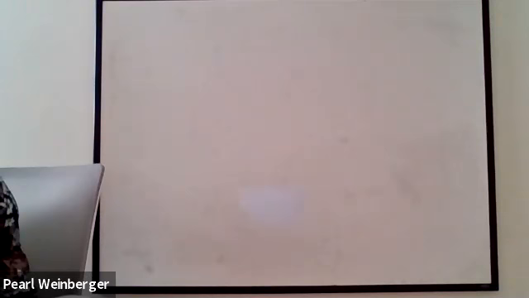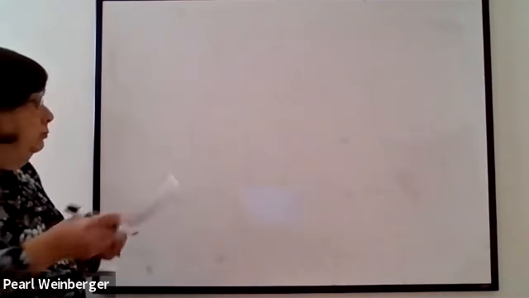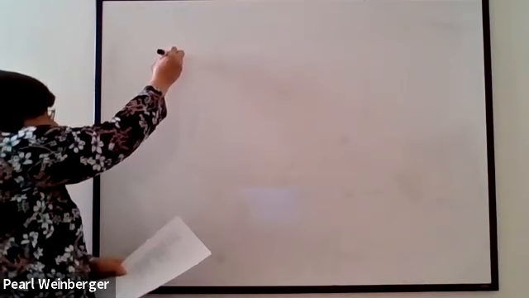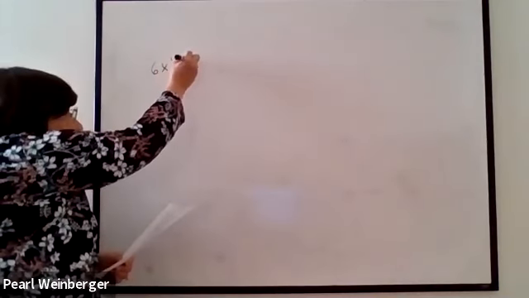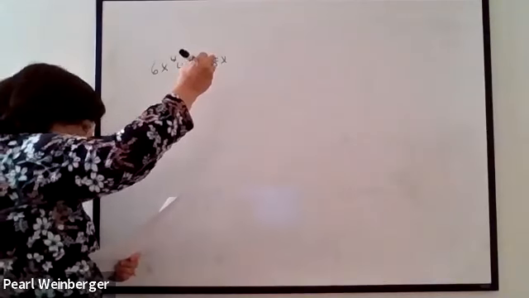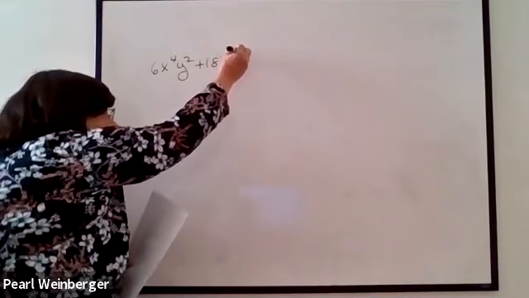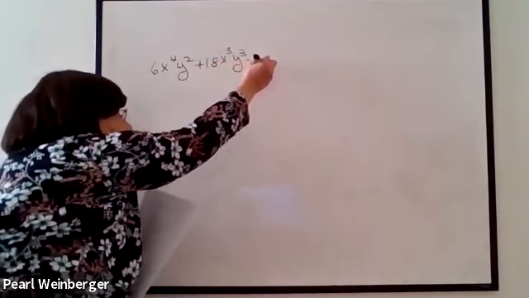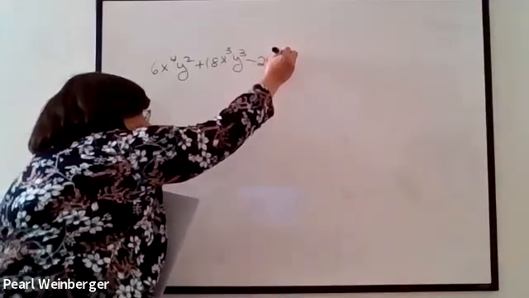You might encounter a problem that looks like this: 6x to the fourth y squared plus 18x cubed y cubed minus 24x squared y to the fourth.